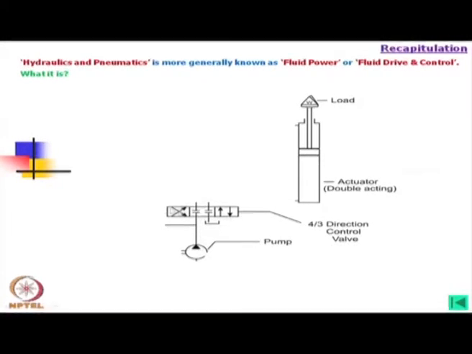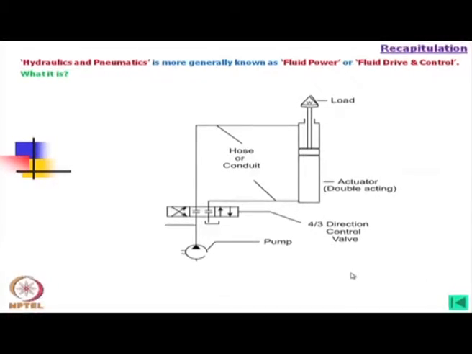Now, this is a valve, it is called a 4/3 directional control valve. I will explain a little bit how it works, but after that we can connect one port to the head side and the other connection to the rod end side. Okay.